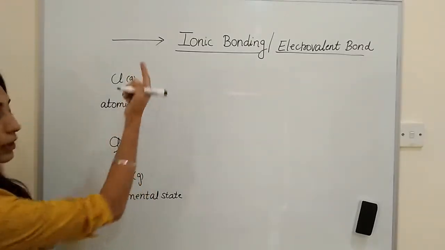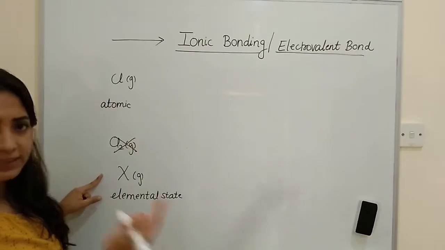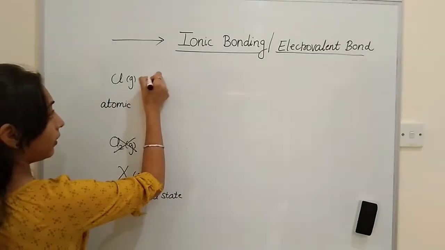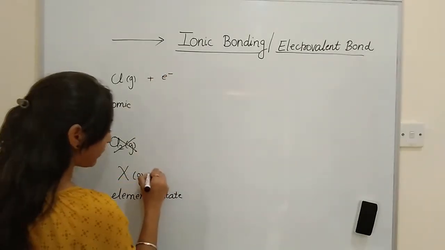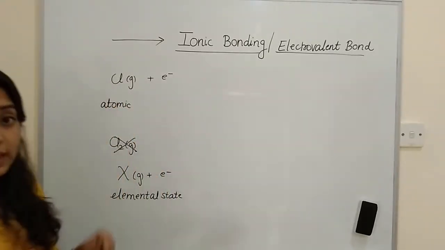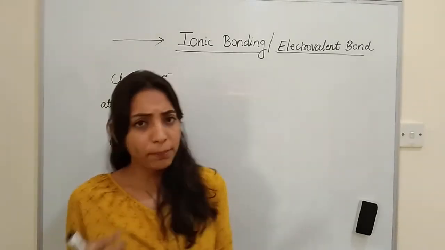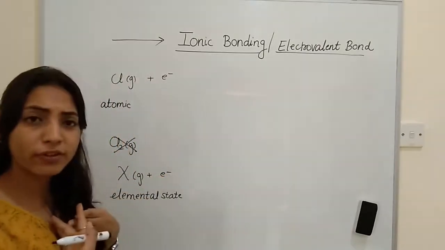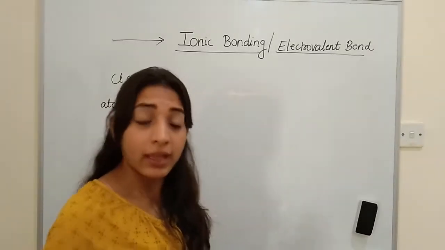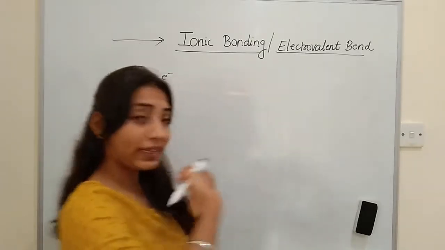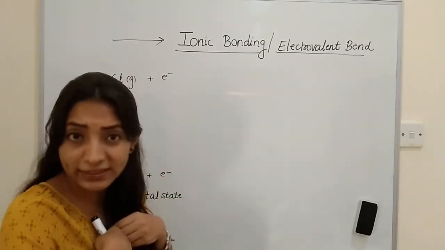Okay. So let it be chlorine or let it be any atom X in the gaseous state. Now when this X or this chlorine accepts an electron, there are two possibilities. Maybe while we are accepting an electron, energy might be released. It is also possible that while accepting an electron, we need to gain some energy.